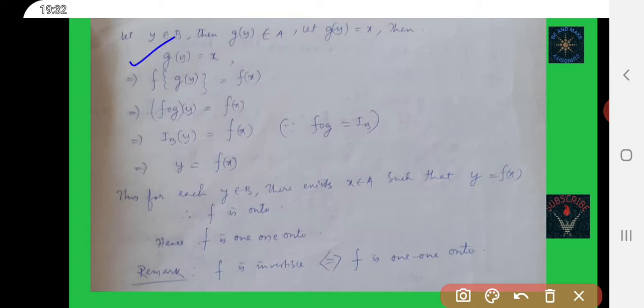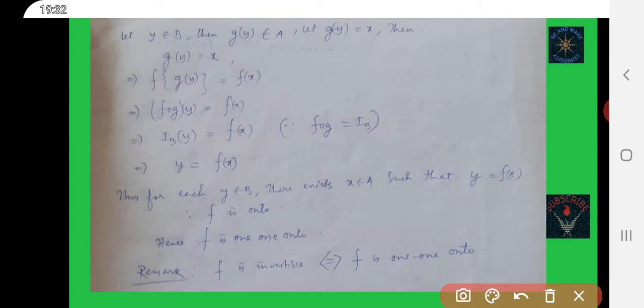Here you can do it like this also. g of y equal to x, and you can apply f on both sides, then you get f of g of y is equal to f of x. Here you can write f o g of y is equal to f of x. This condition is already given as it is an invertible function. So you can write I_B of y is equal to f of x.